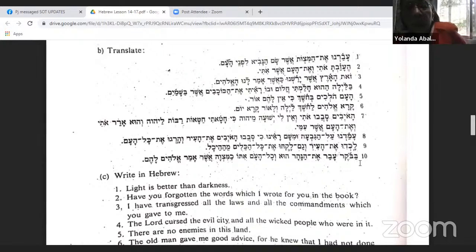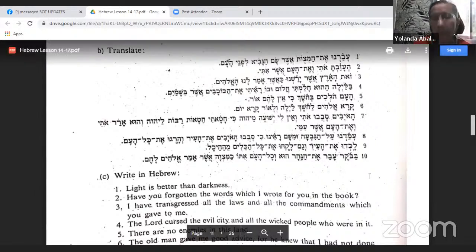Number 10. Baboker, in the morning hour, we crossed over at Hanahar, the river, who that they call Haam, and all the people, et too with him, Kamitzva, with that, according to the commandment, Asher, which is Amar, spoken, Elohim, God, Lahem, to them.